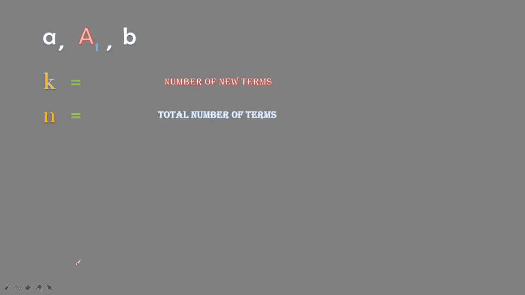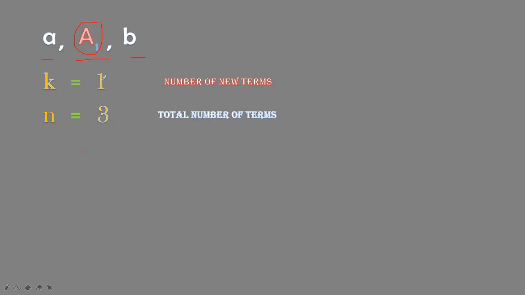Another thing that I want you to notice is k is the number of new terms. So for example, here with 2 end terms and only 1 new term, n is 3, because n is the total number of terms, and k is the number of new terms, so it is only 1.